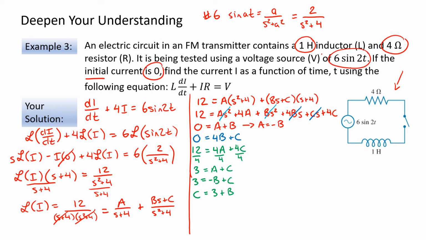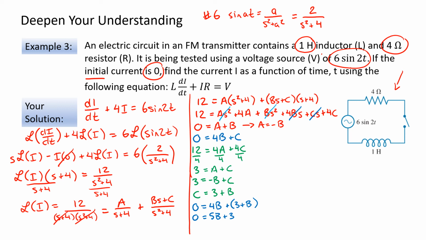If I do that, I get that 0 is equal to 4 times b plus c, which I can replace with 3 plus b. Okay? Now if I do that, I can add the 4b plus b together, and we have 0 is equal to 5b plus 3.